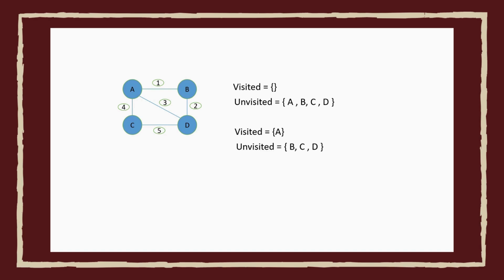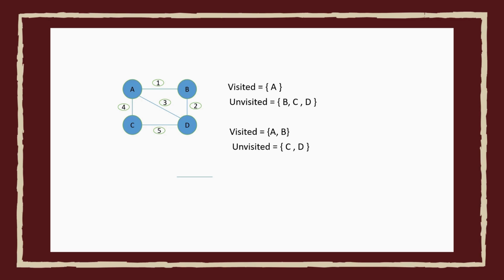You can see that the cost from A to B is 1, the cost from A to C and A to D is greater than 1. So, the node with the minimum cost edge is B. We now mark B as visited. Remove B from the unvisited set and add B to the visited set.